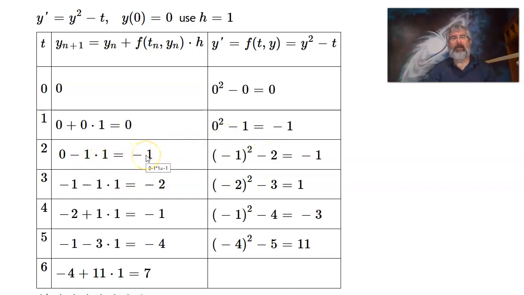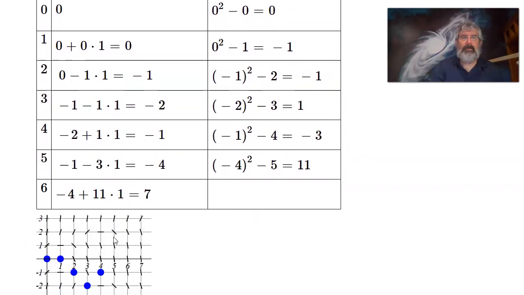And now I have a new y value, minus 1. Then I use the slope and the old y value to calculate the new y value, and so on, right? So I got 0, minus 1, minus 2. These are the y values for these t values.